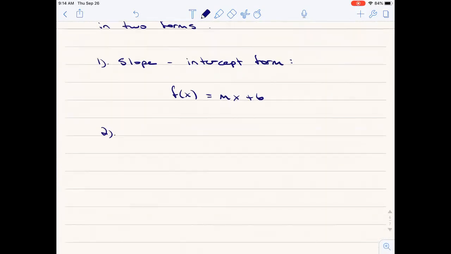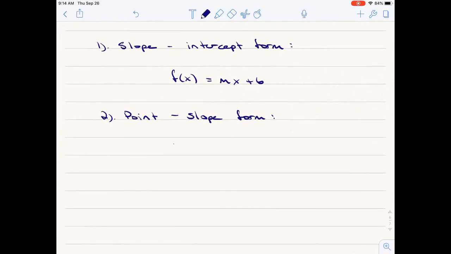Our second option, kind of more versatile, is in point-slope form, which says that f of x is f of x not, it just means a subscript 0, or null if you want, but where I come from, we say x naught.